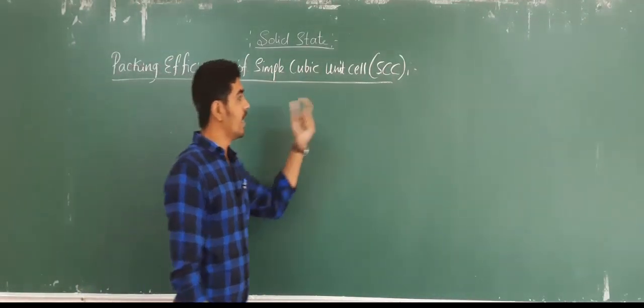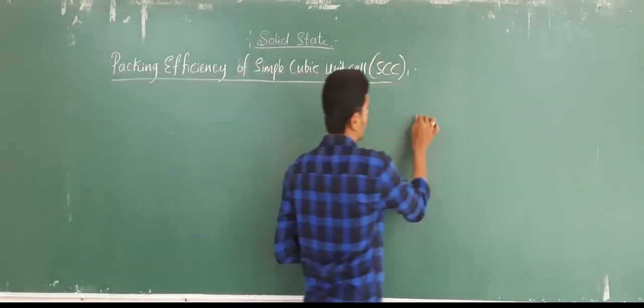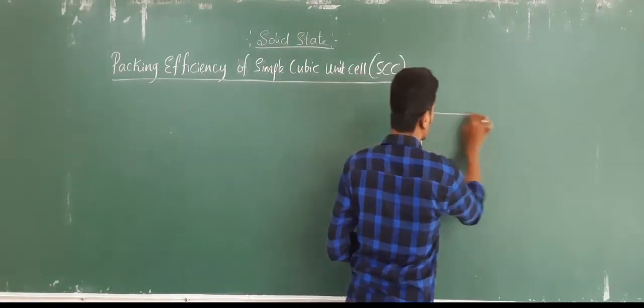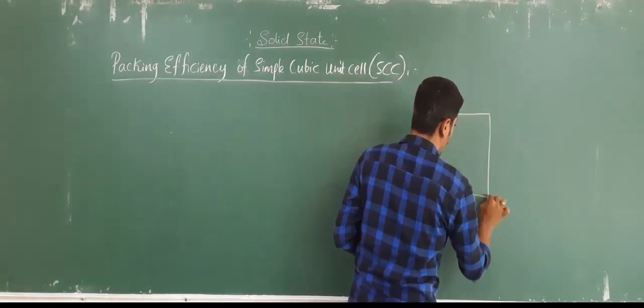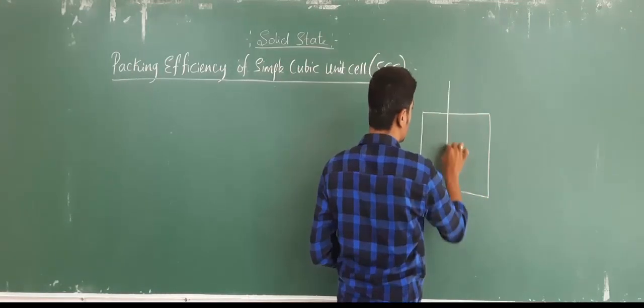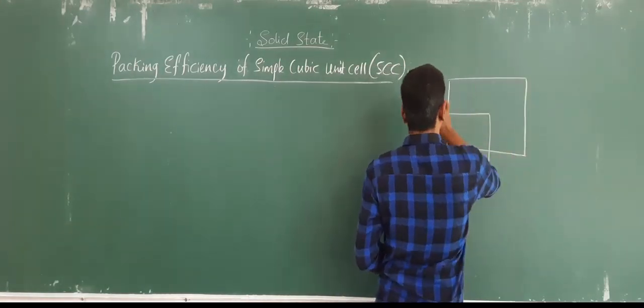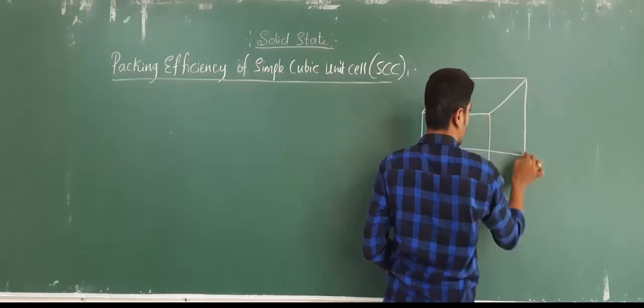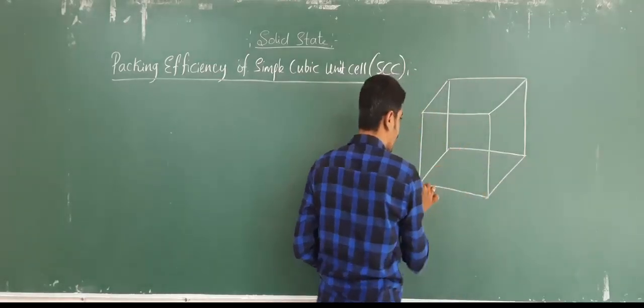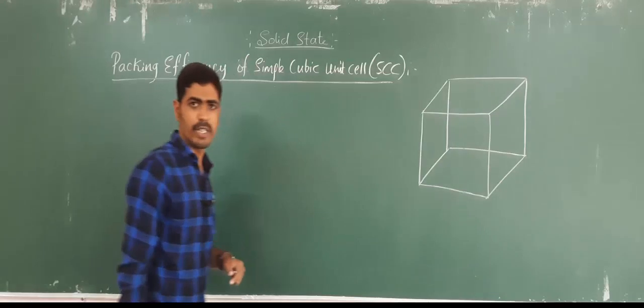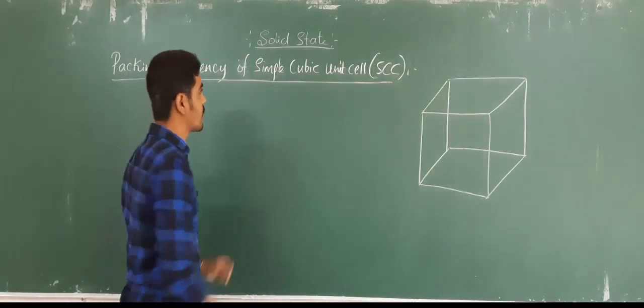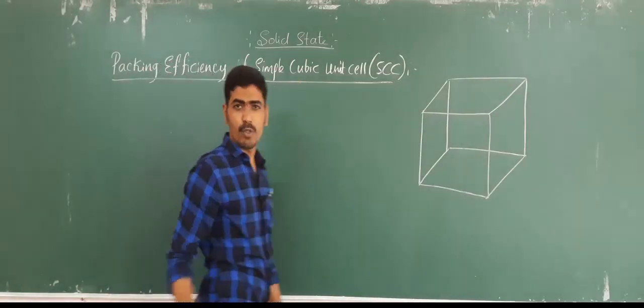First, let us draw the structure of a simple cubic unit cell. How can we represent the simple cubic unit cell? Simply draw a cube. And as you know, the simple cubic unit cell is also known as the primitive unit cell.